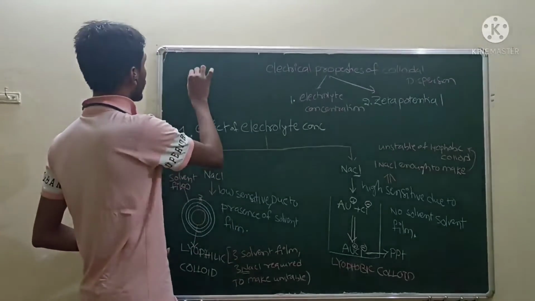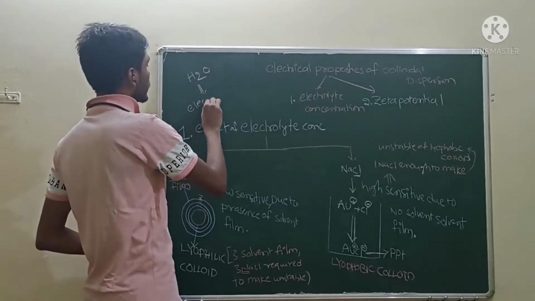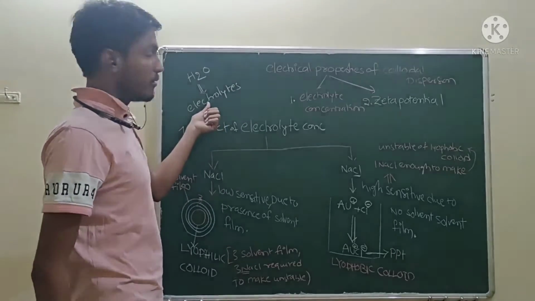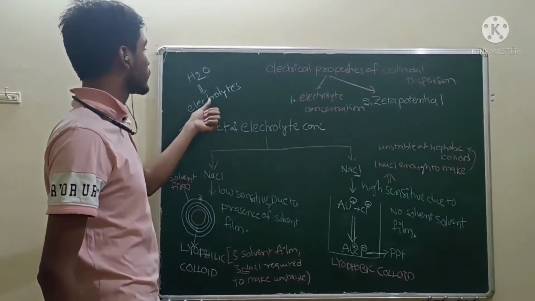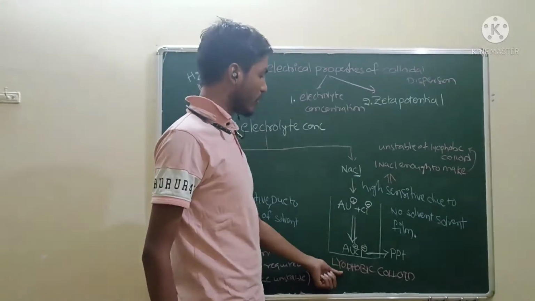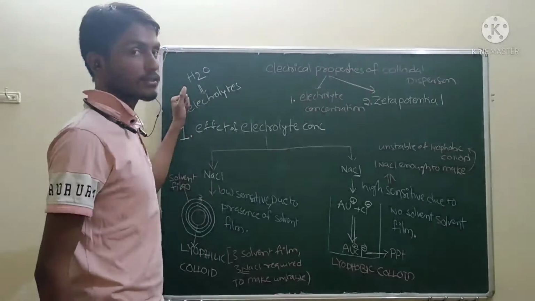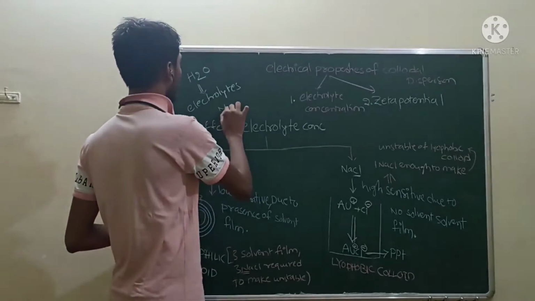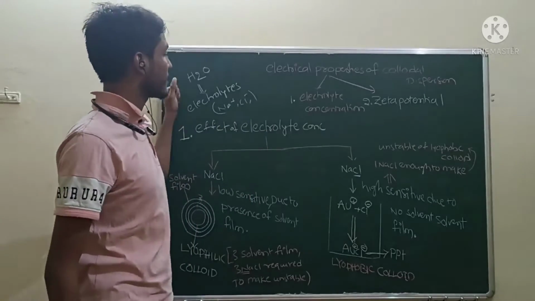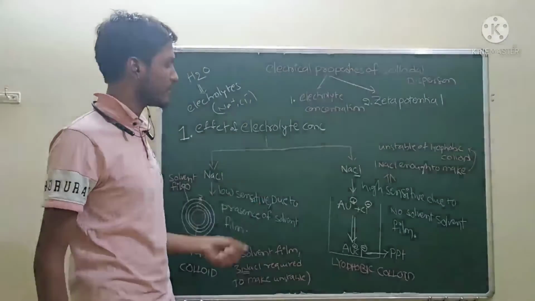Because water contains electrolytes, meaning ions like NaCl, chloride. These ions immediately make the lyophobic colloid unstable compared to the lyophilic colloid.